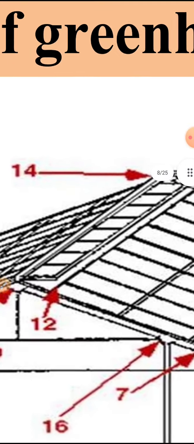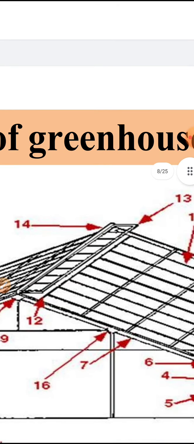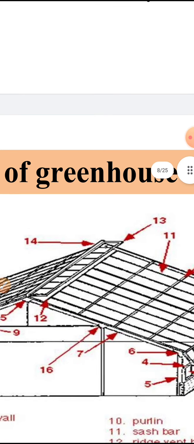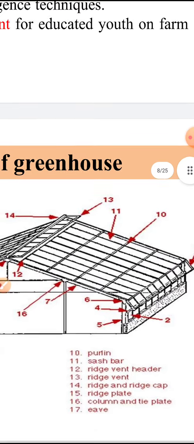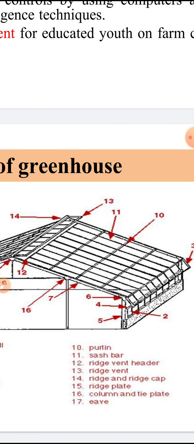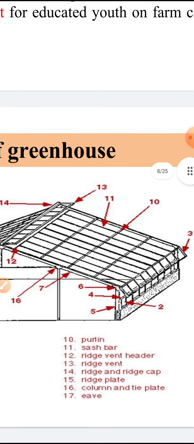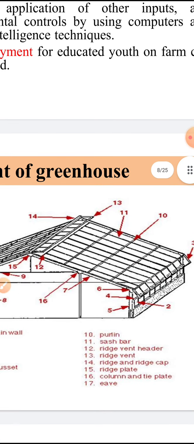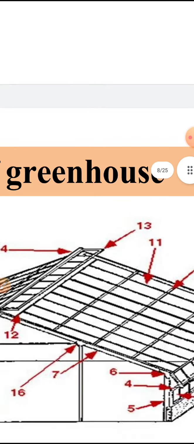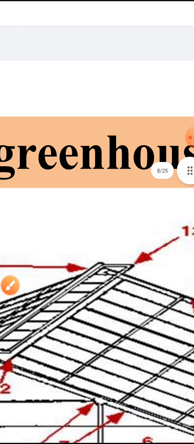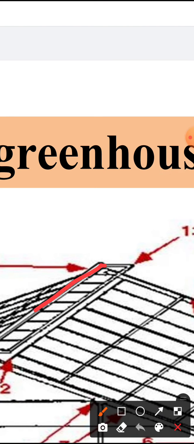This is the upper side vent header which emits the heating gases, or which emits the heat. Then 13 is a ridge vent. This is the ridge vent. This structure we can see in this picture.